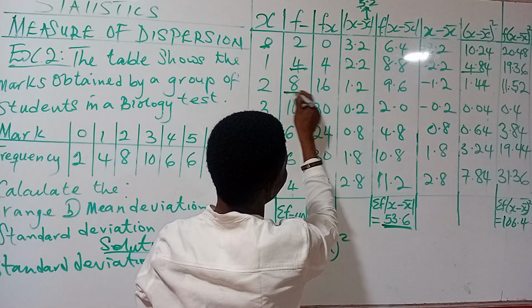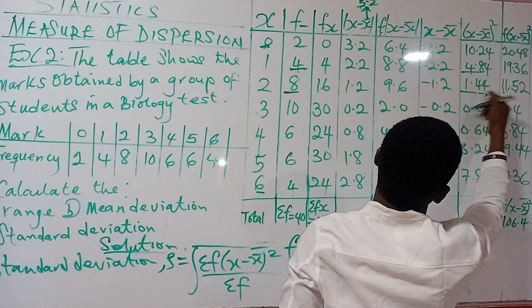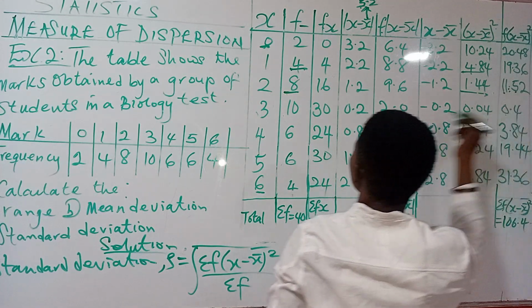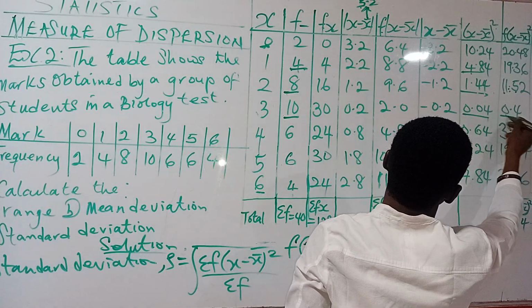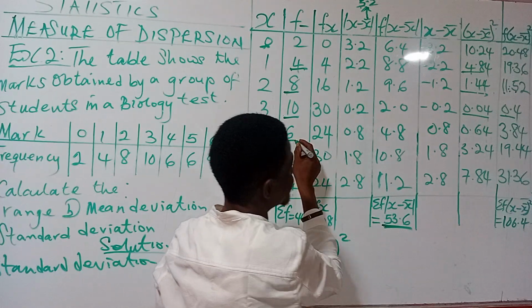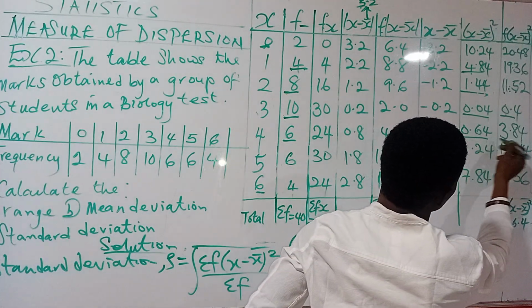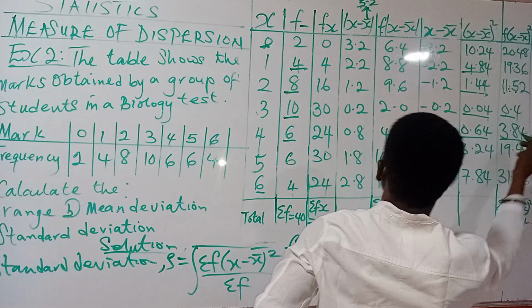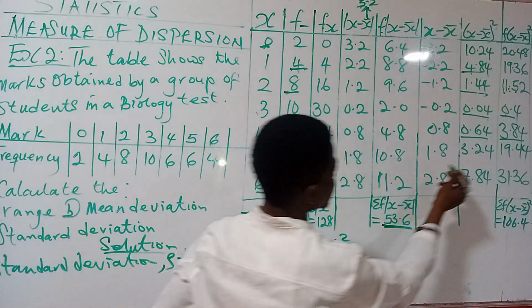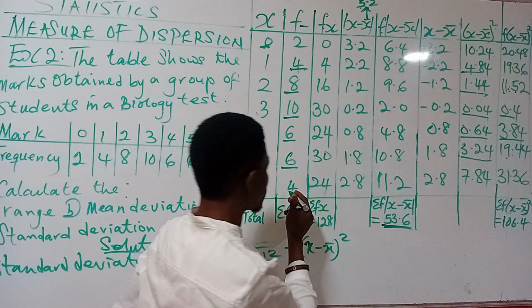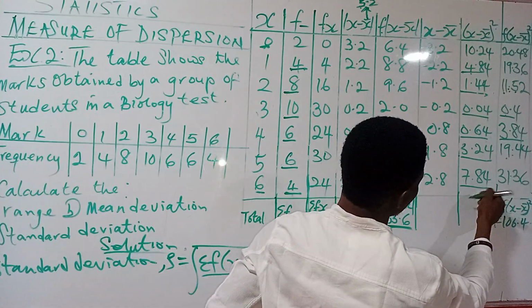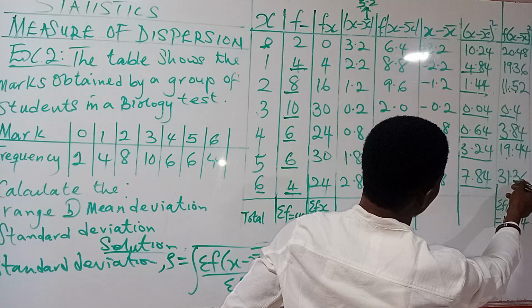When you multiply 8 times 1.44, we have 11.52. 10 times 0.04, we have 0.4. 6 times 0.64, we have 3.84. 6 times 3.24, you have 19.44. 4 times 7.84, you have 31.36.